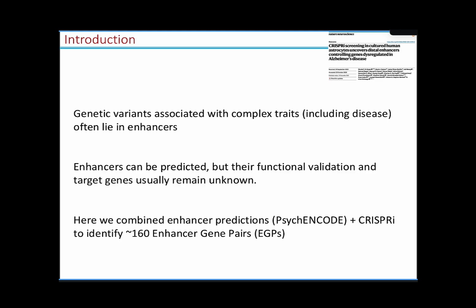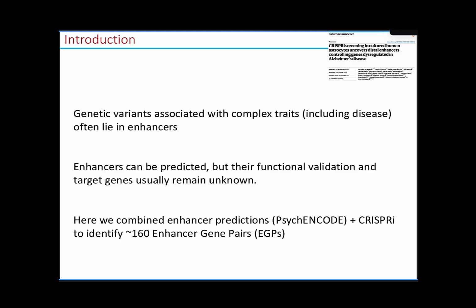So sometimes you wouldn't necessarily look for specific DNA sequences or nucleotidic sequences in a genome. Instead, you look for the presence of these epigenetic marks. And when you find them, you say, oh, I think there is an enhancer here. The problem with that is that their functional validation and what target genes they actually regulate usually remains unknown.